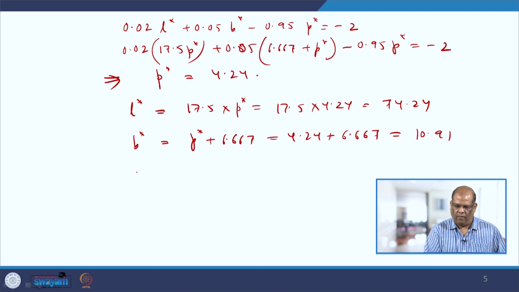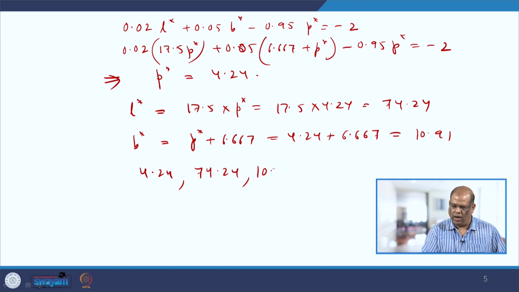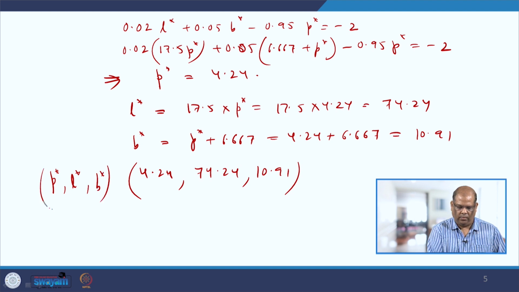So I have the equilibrium points 4.24, 74.24 and 10.91, P star, L star and B star.